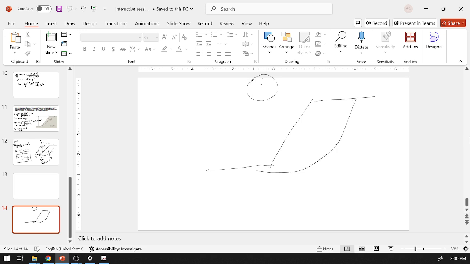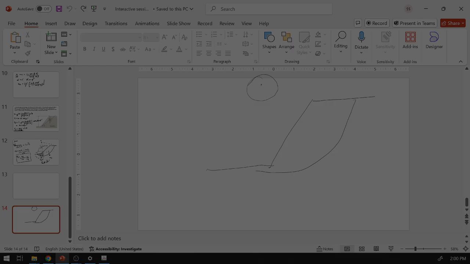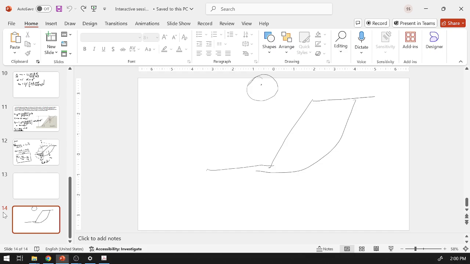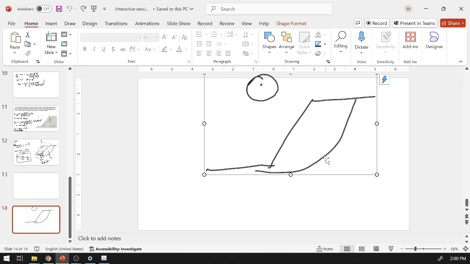Let me actually import the image so that I can show you in a better way. Let me not draw it. Let me just import it.